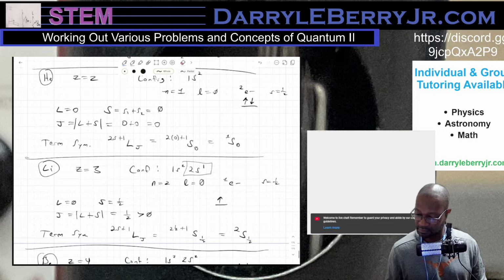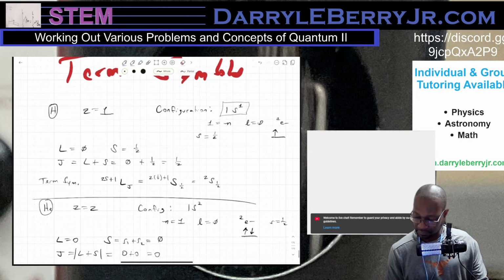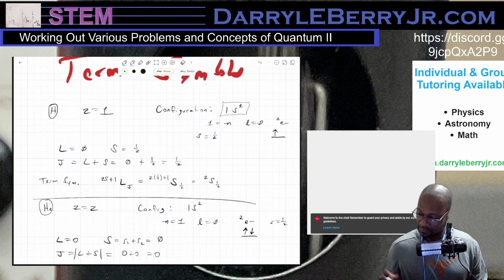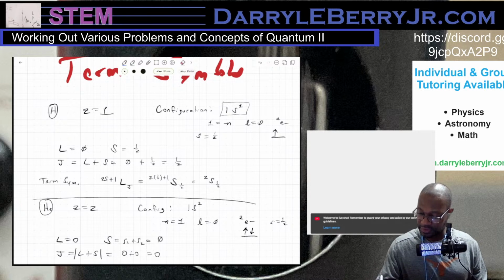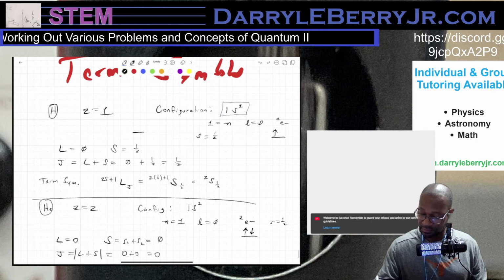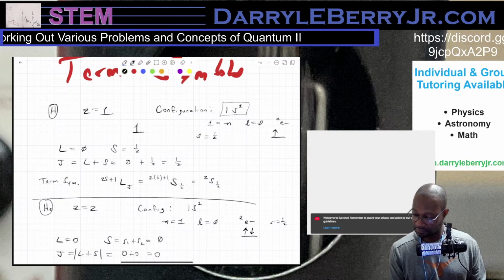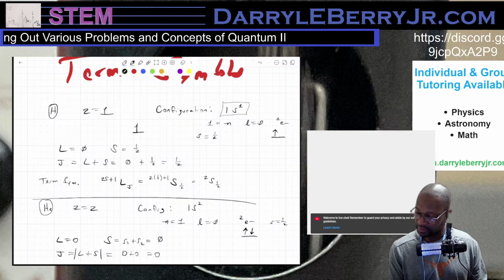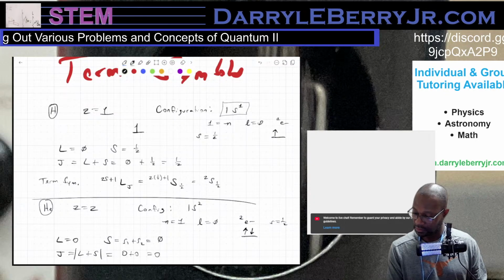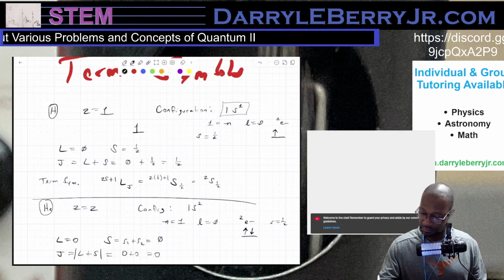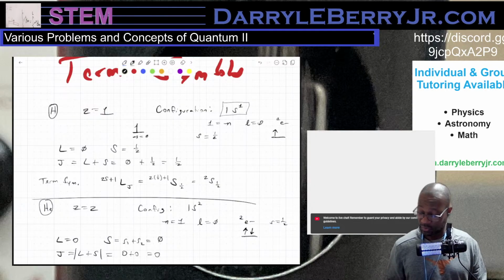Here is the S configuration, so I just have one of these, and one of those is here. So there's no vector. ML equals 0. So this L is 0.